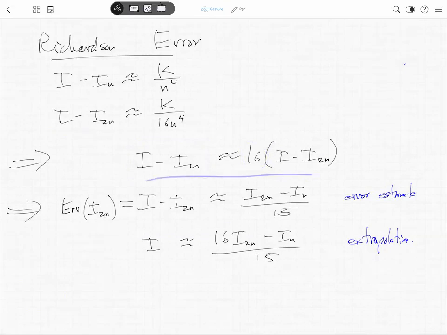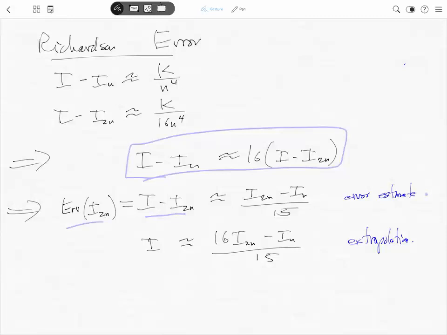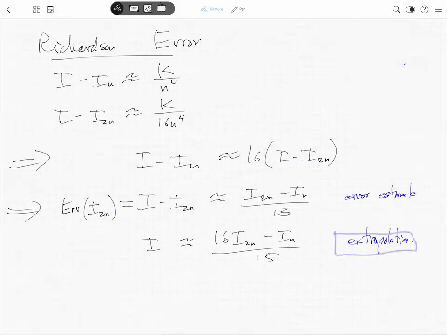And then from this, you can derive two useful formulas. One is the error estimate. If you just rework the terms in this equation and solve for I minus I_2n, that would be the error in the estimate using 2n subdivisions. It turns out that's equal to (I_2n minus I_n) over 15. And maybe even more useful, we can get Richardson's extrapolation.